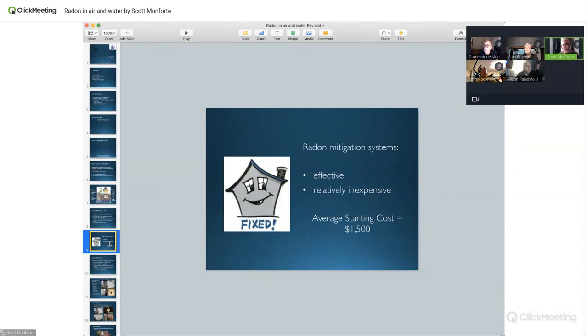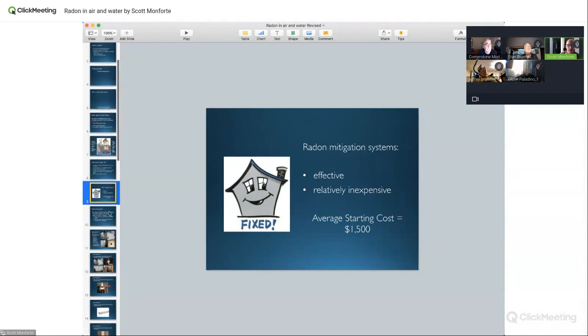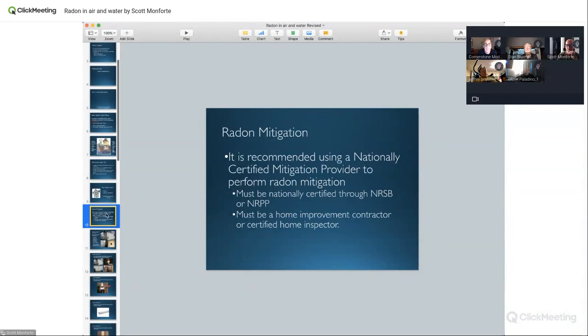And most of the time when we test as a home inspector, most of the time the seller usually negotiates or gives them a credit. But not always nowadays. I know it's been tough. So the state of Connecticut recommends, and maybe other states as well, recommends to use a certified mitigation provider.